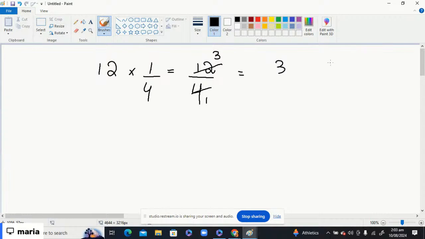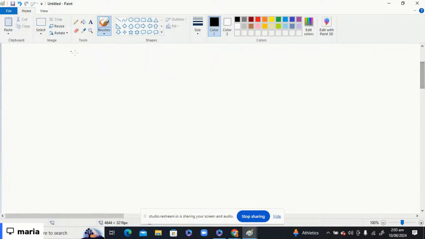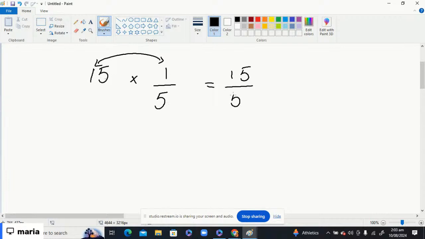When you are going to solve questions related to these, for example, if this is 15 times 1 over 5, simply multiply the numerators with each other. 15 times 1 is 15, and write the denominator as it is. So 5 times 1 is 5, 5 times 3 is 15, so here it is 3.